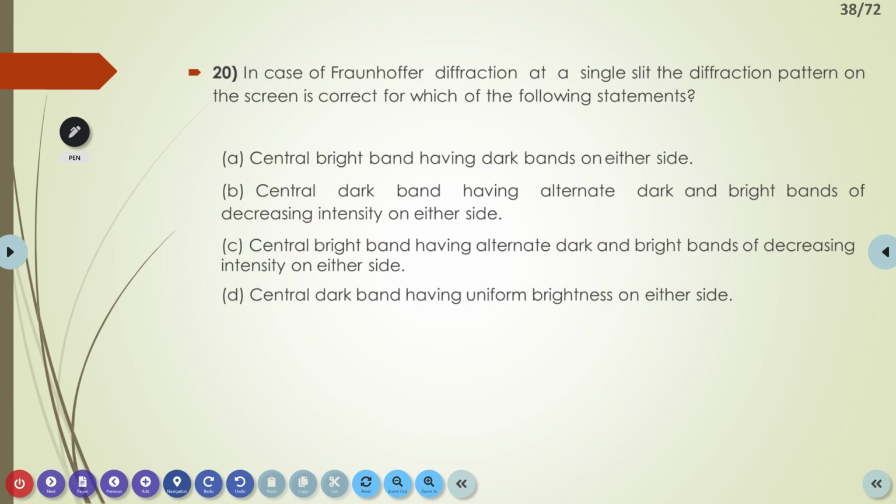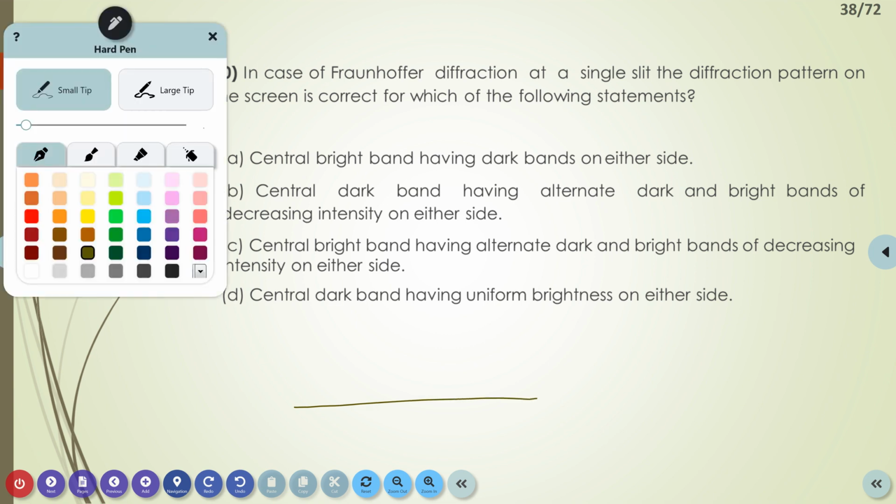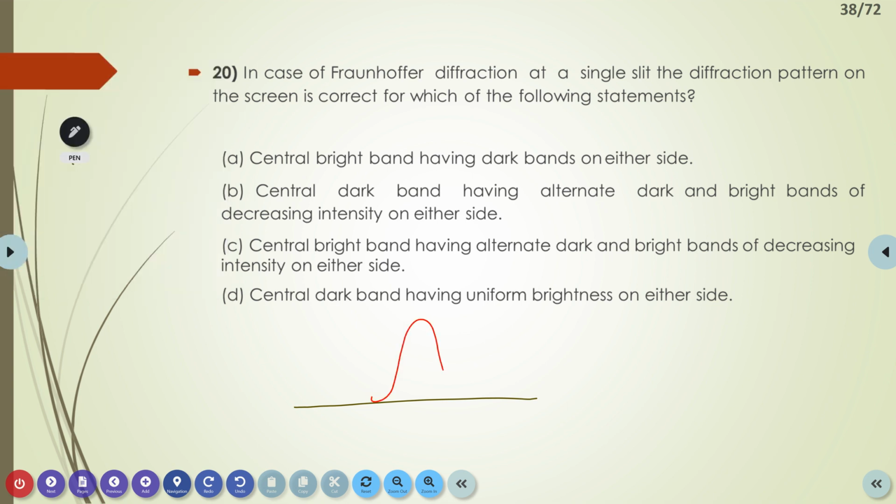Next. In case of Fraunhofer diffraction at a single slit, which of the following statements is correct for the diffraction pattern on the screen? Without reading all the choices, recall it. The diffraction spectrum is like this.